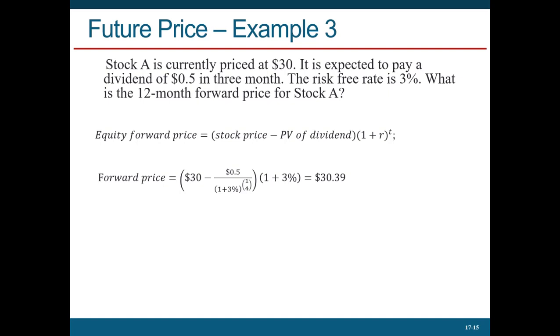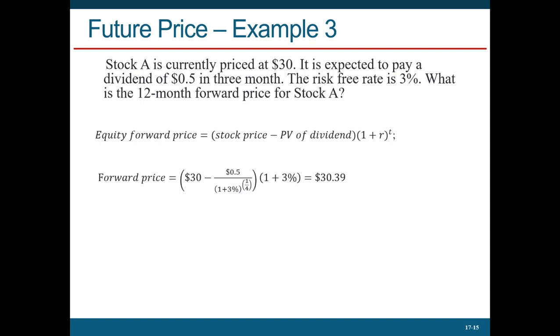Right. And let's do the calculation for this example. Stock price $30, a half-dollar dividend will be paid in 3 months, risk-free rate 3%. Let's see what the 12-month forward price is for this stock. So first of all, you find the stock price $30, and second, you find the dividend $0.50, but you need to discount it at a discount rate of 3%. What is T?